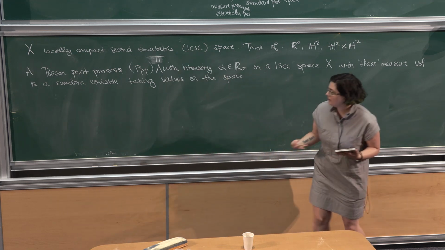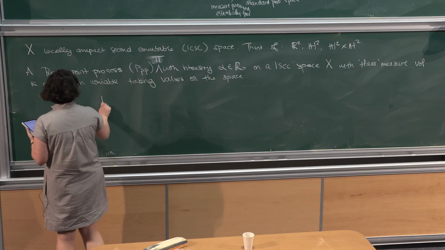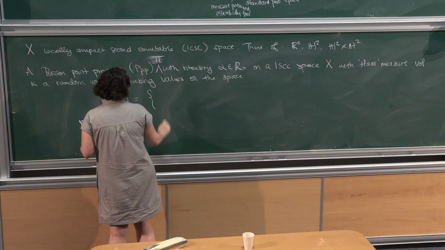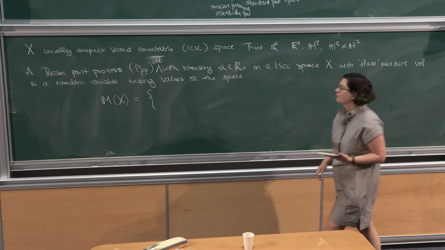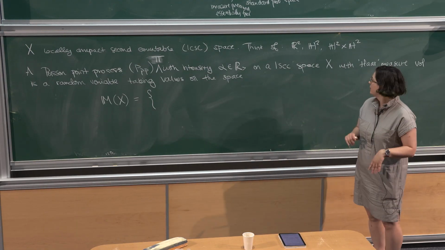The Poisson point process is a random variable. The space that it takes values on, we'll denote as M of X. Again, because X is LCSC, you can define Poisson point processes more generally.